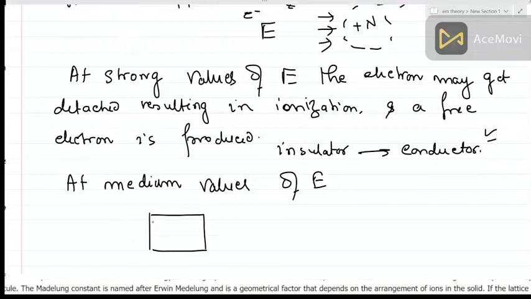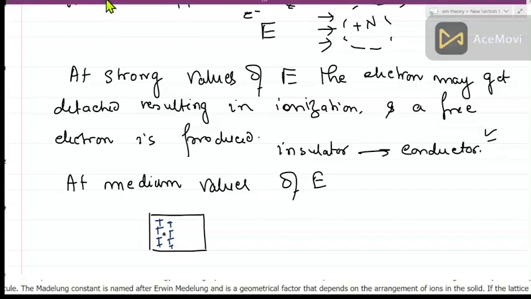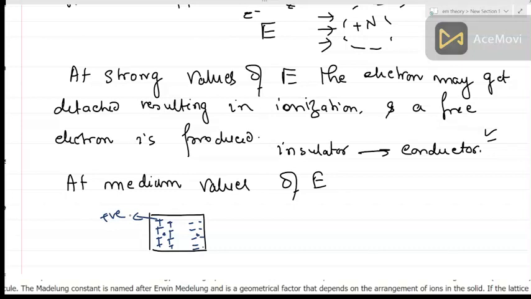At medium values of electric field, what happens in a material is that two regions are developed. This is one region where there are positive charges, and suppose this is the center of the positive charge, and the other region is of negative charge, and suppose this is the center of the negative charge.